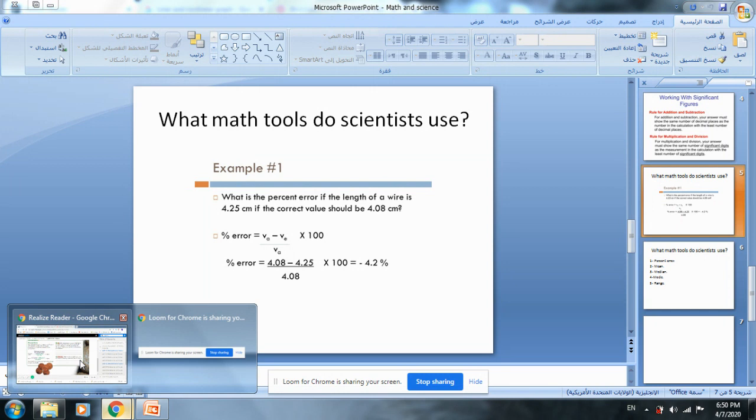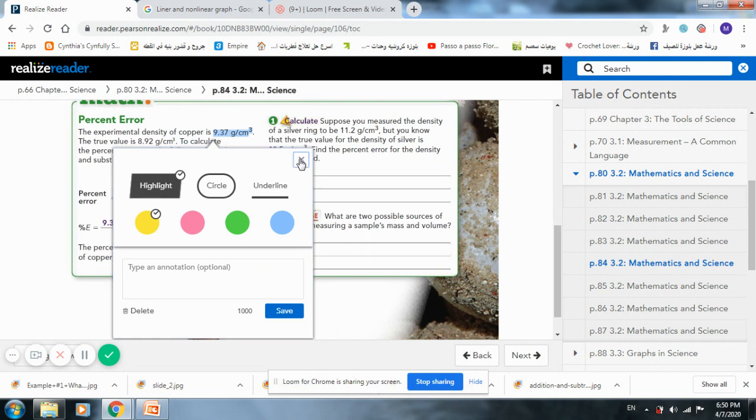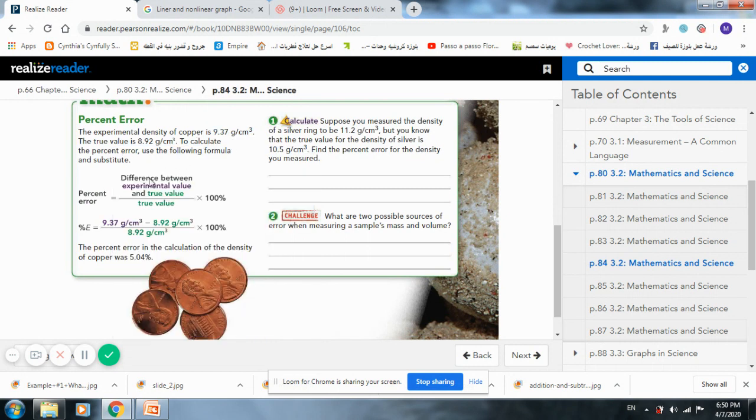The most important thing here is to differentiate between the experimental value and the true value. Again, the experimental value is the value you get in the lab, and the true value is the accepted value.